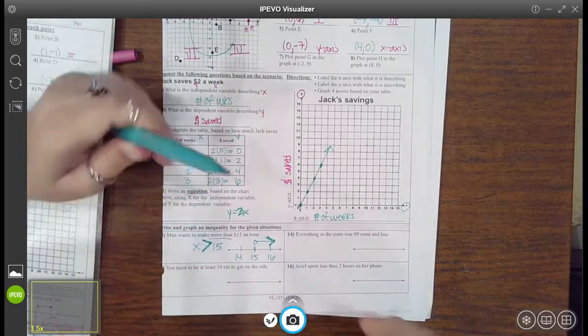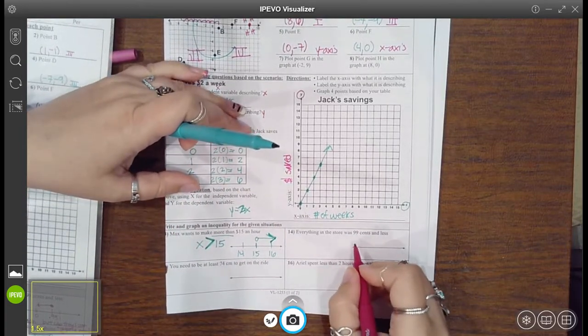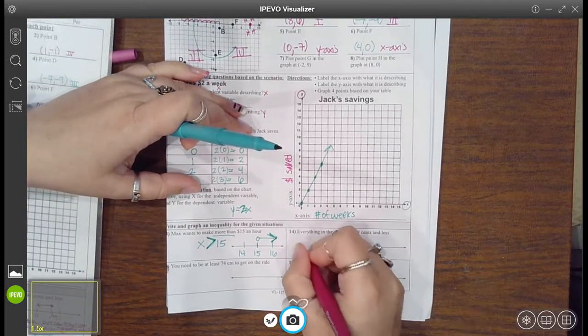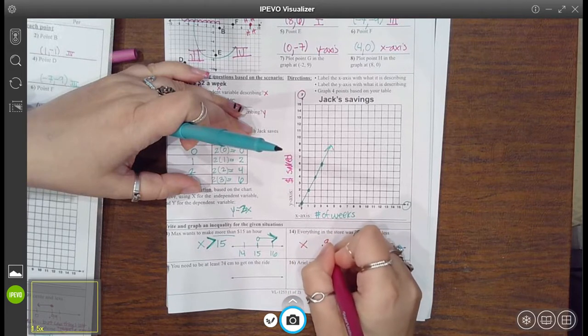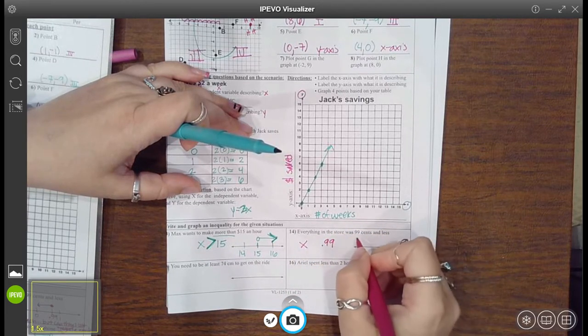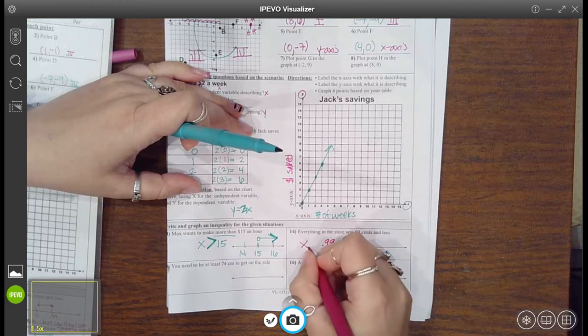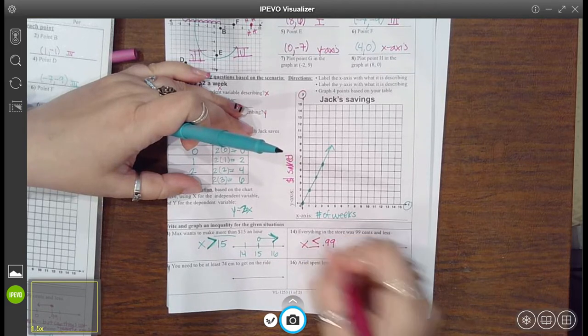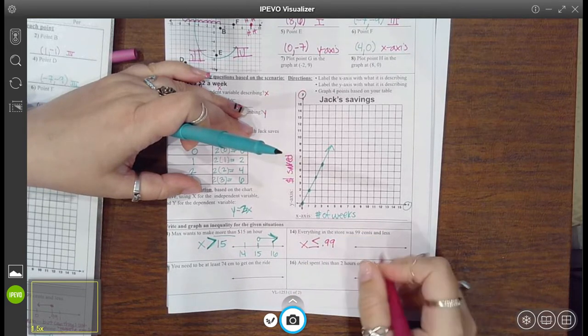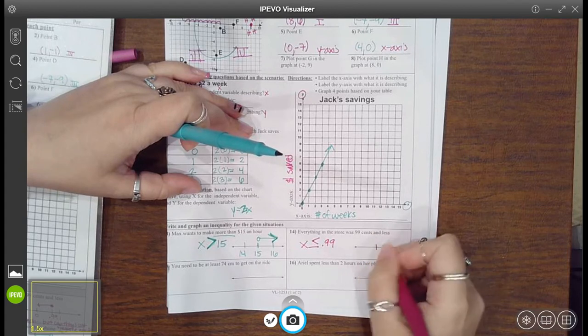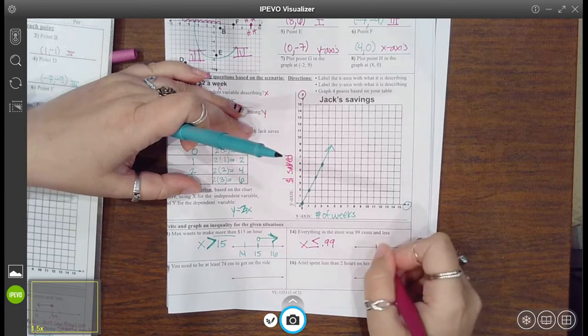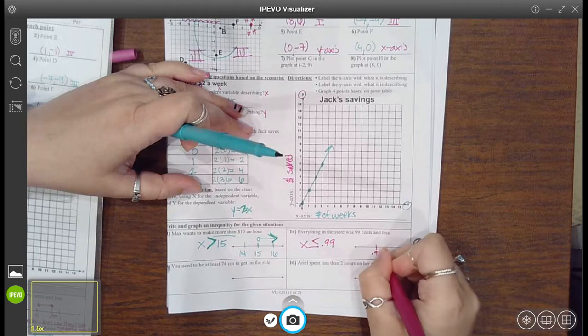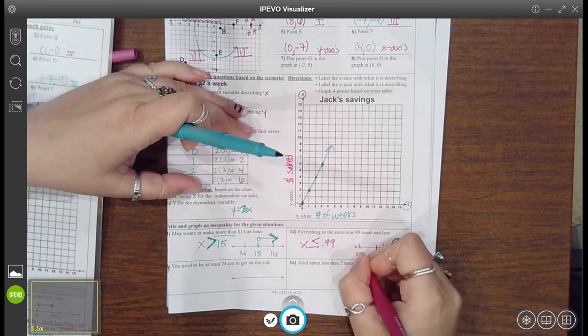All right, let's try this one. Everything in the store was 99 cents and less. So we're talking about X and 99 cents. Okay, it was that and less. So it's including that, but also less than that. Okay, so at 99 cents, which is really close to like $1 and then 0, right?